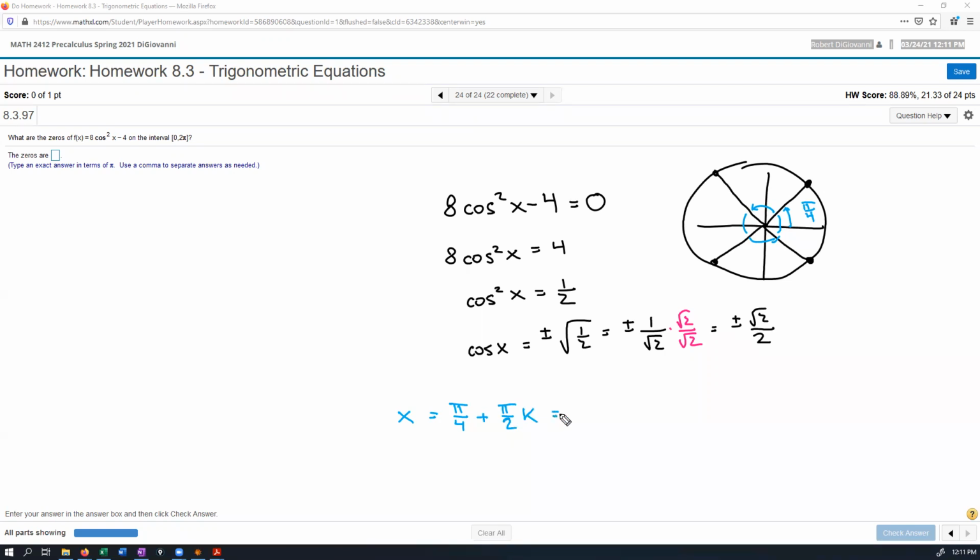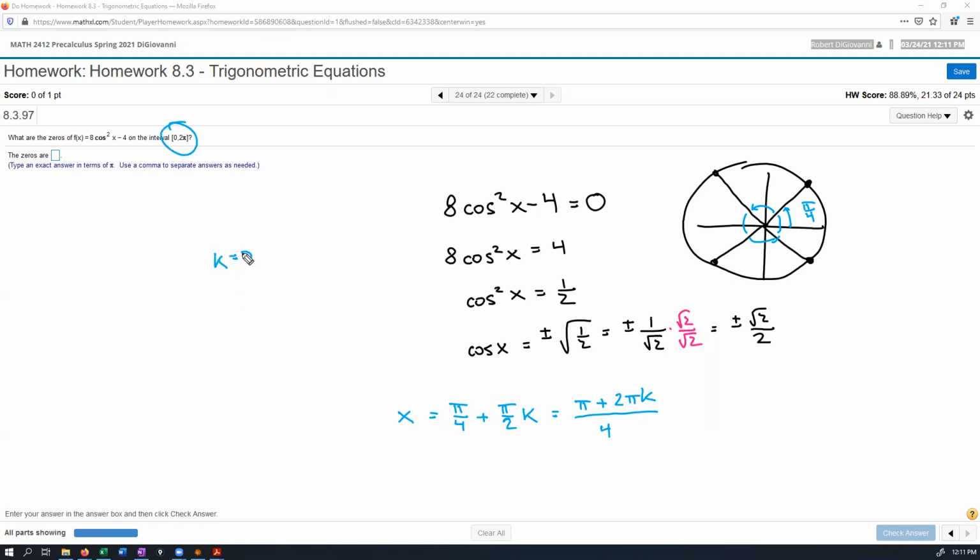I'm going to get a common denominator. So this would be 2 pi k over the common denominator 4. I just had to multiply top and bottom here by 2, and that k is up on top. So we get this. Let's start plugging in values of k, and our answers have to be between 0 and 2 pi.